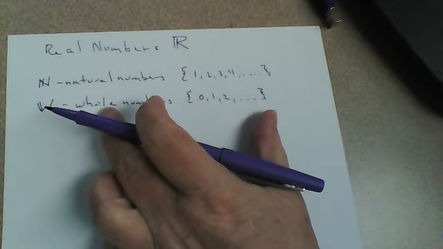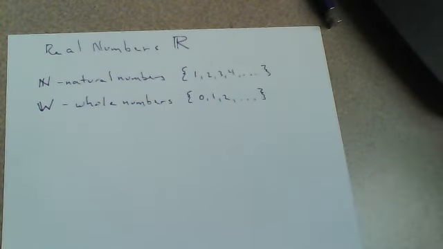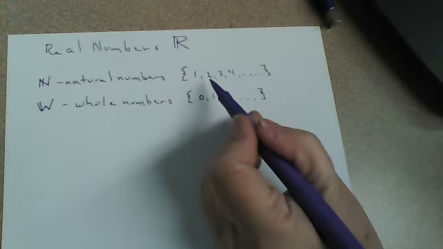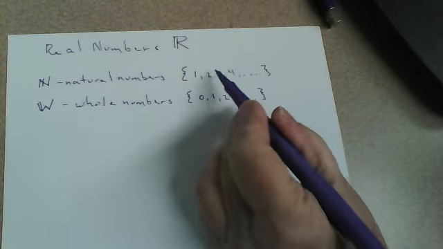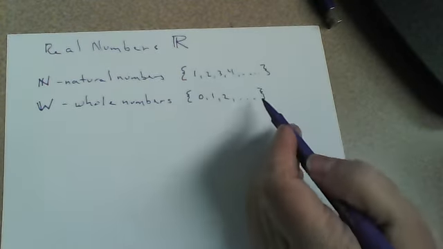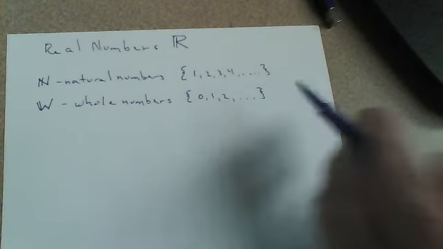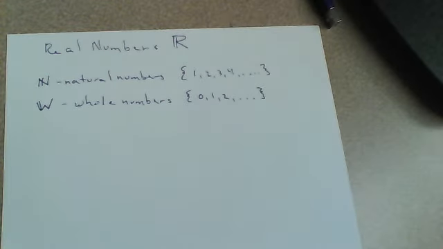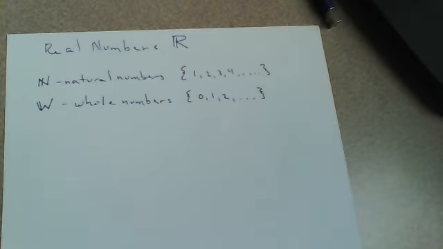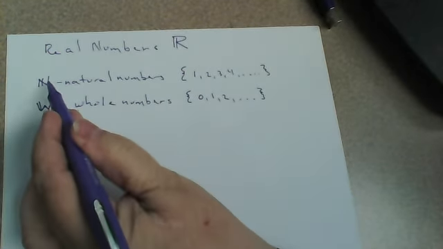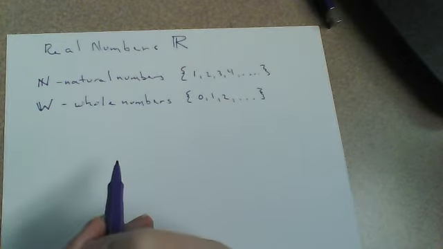It's just this one doesn't have 0. So even though this is infinite and this is infinite, this infinity is slightly smaller than the infinity below it. Even though they both go on forever, this one kind of has one more. It has 0. And keep in mind, this fits into this.